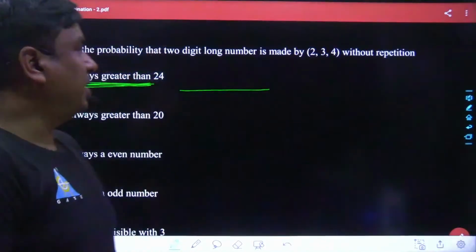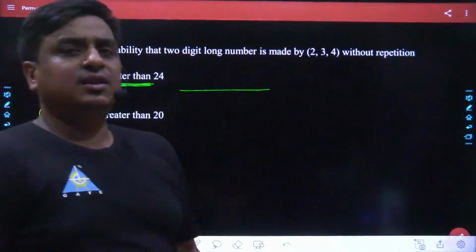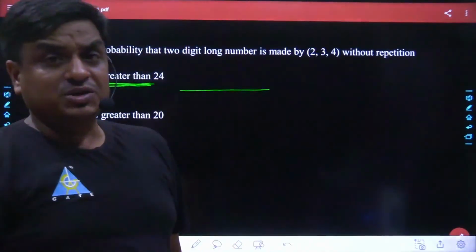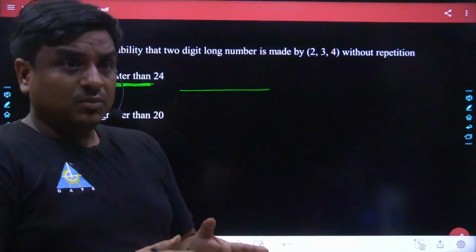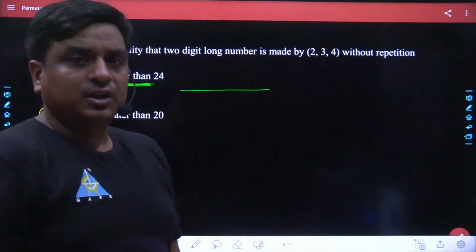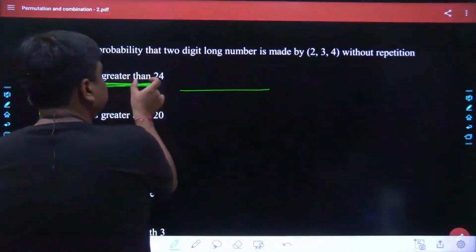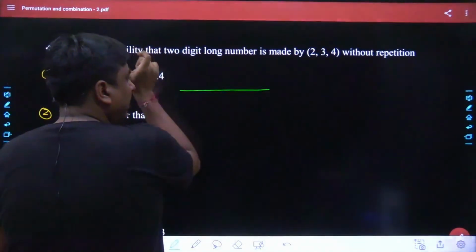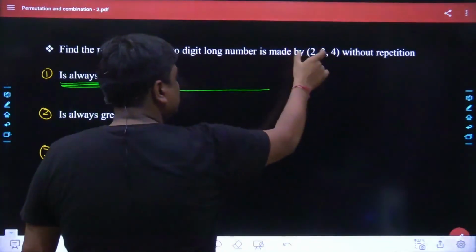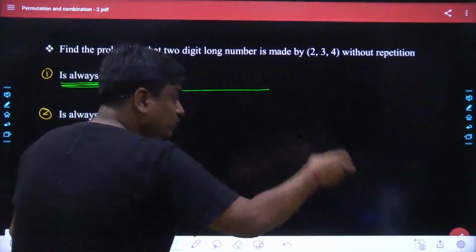May I know how many different ways? First of all, this is a problem of permutation. Many students who have continuously been using the concept of combination will have a little problem here, because as they are used to taking combination, they will make a mistake. Why permutation? If I ask how many different ways a 2-digit number could be phrased from digits 2, 3, 4, obviously here selection order makes sense.